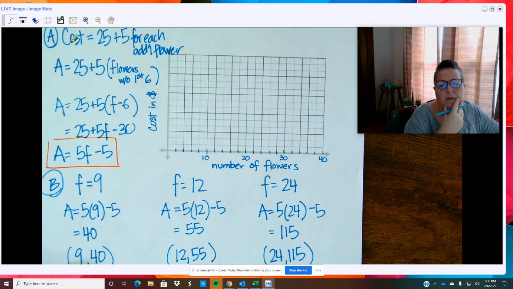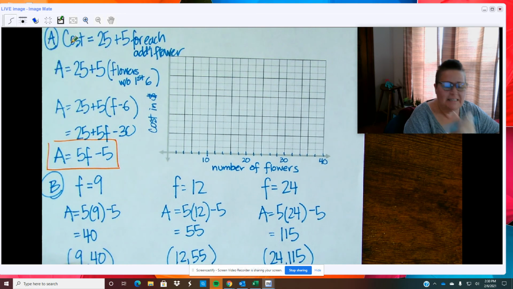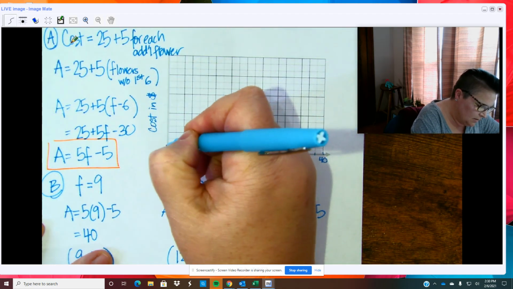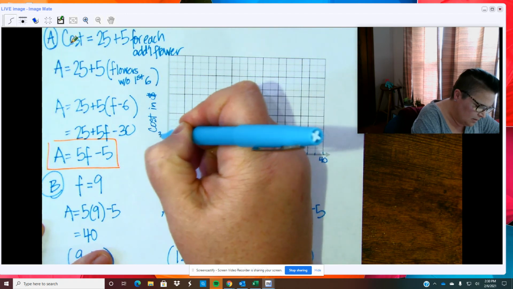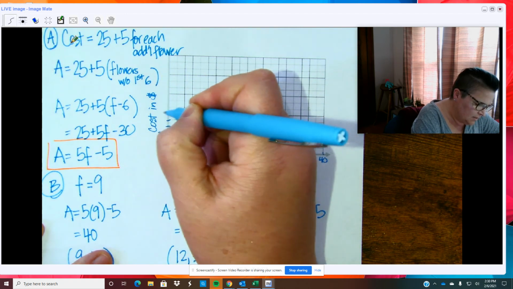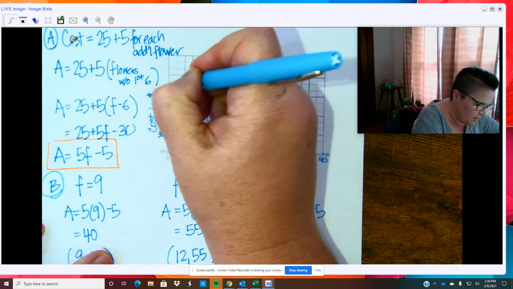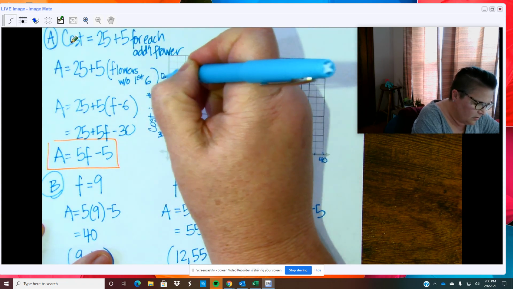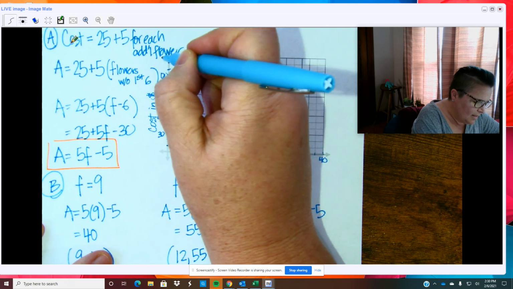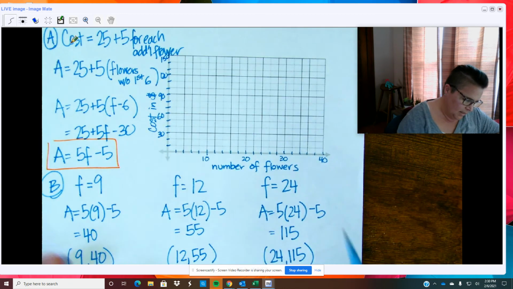I think I'm going to count by tens, because if I recall, there were 15. So 10, 20, 30, 40, 50, 60, 70, 80, 90. That'll give me enough room. This will be 120, and then that's all the way up to 150. So that gives me enough room.